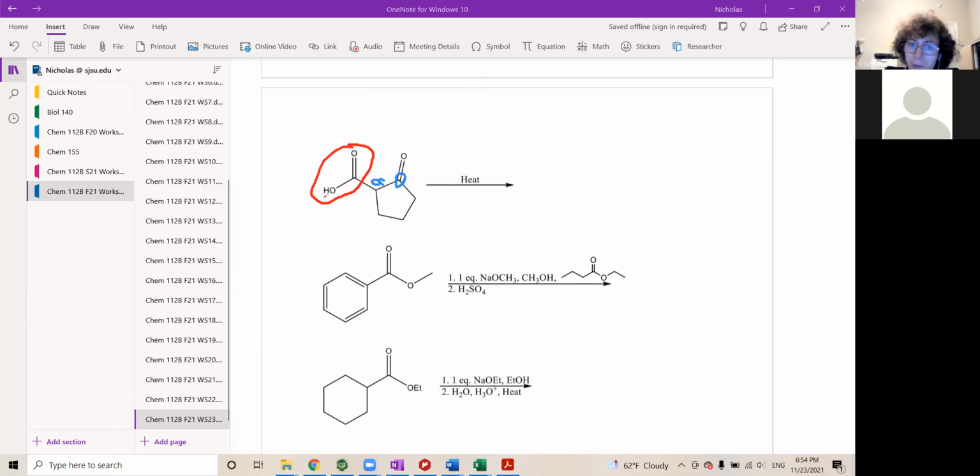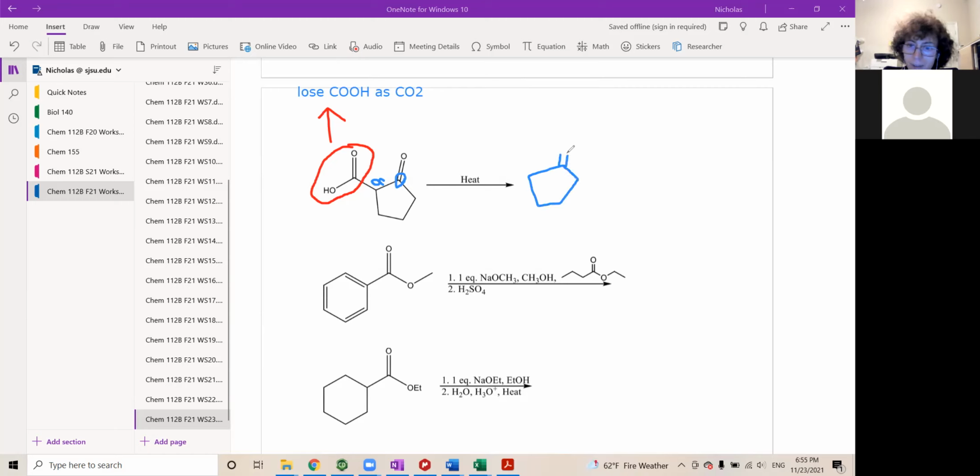We're going to lose the carboxylic acid as carbon dioxide. We lose everything I circled in red as carbon dioxide. That's what happens when you heat a structure like this, where you have a carboxylic acid beta to another carbonyl.